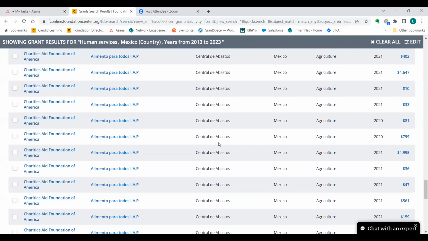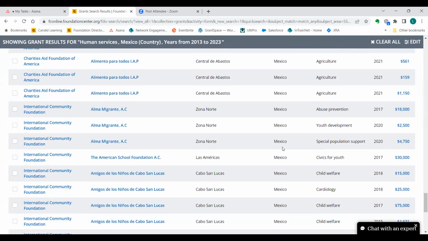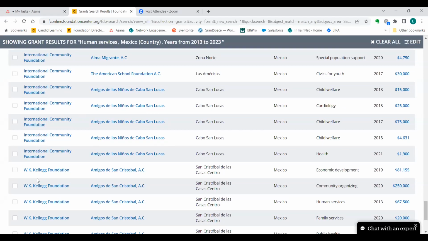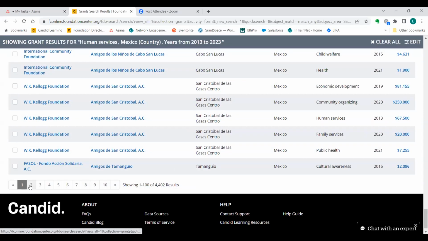Now you'll notice sometimes when you see the same organization, that's probably an organization that's also giving to other nonprofits in Mexico. But you'll see a number of different organizations and the funder that has given the grants. This is the name of the organization, and you can just continue looking that way.